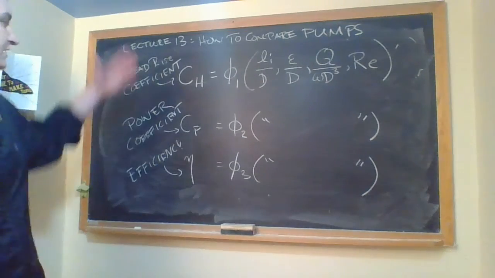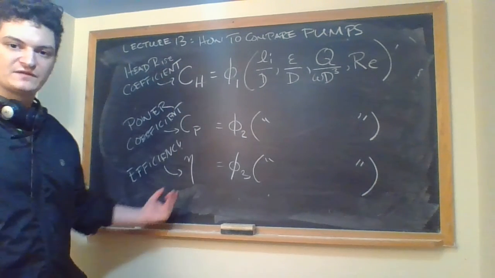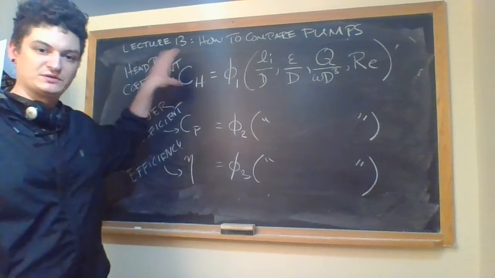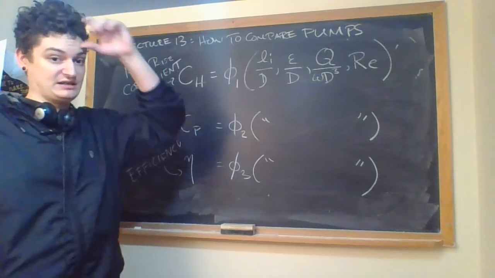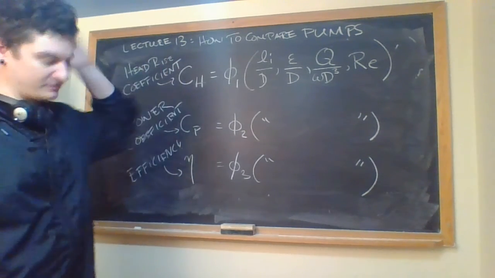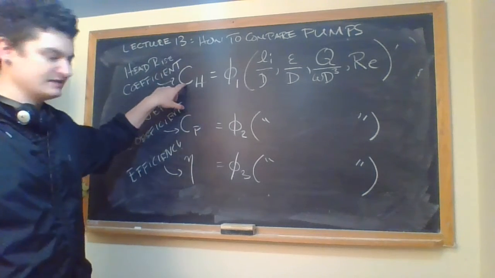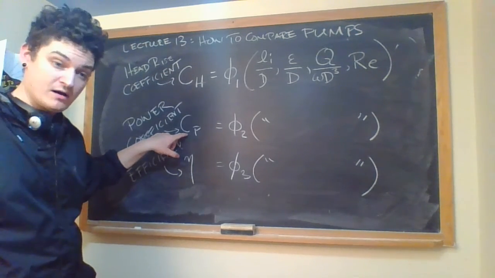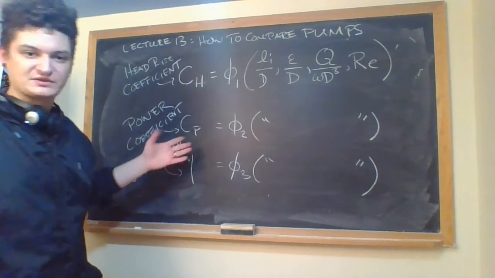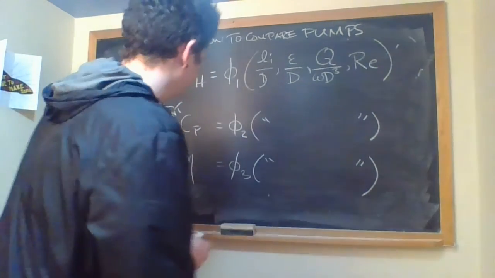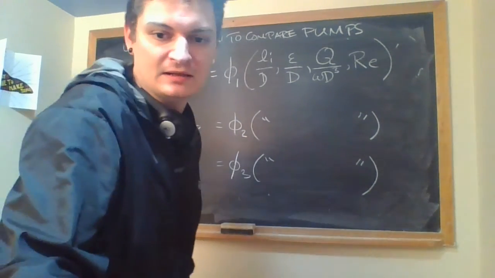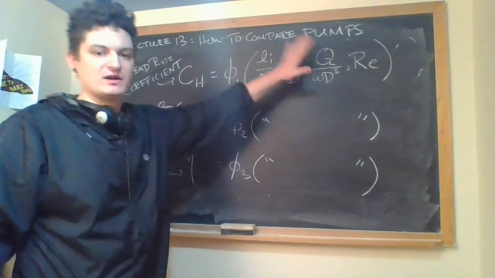Okay, so now we have these non-dimensional functions, non-dimensional dependent variables given by scales, and over here we have the dependent variables as well. So really, this is just non-dimensional head rise, this is non-dimensional power, and this is just efficiency. Okay. Next, which one of these matter?